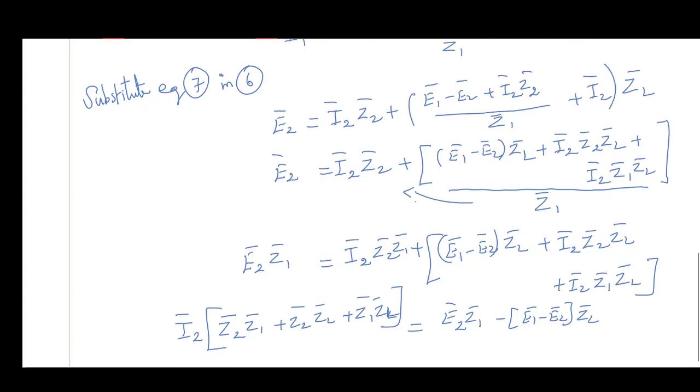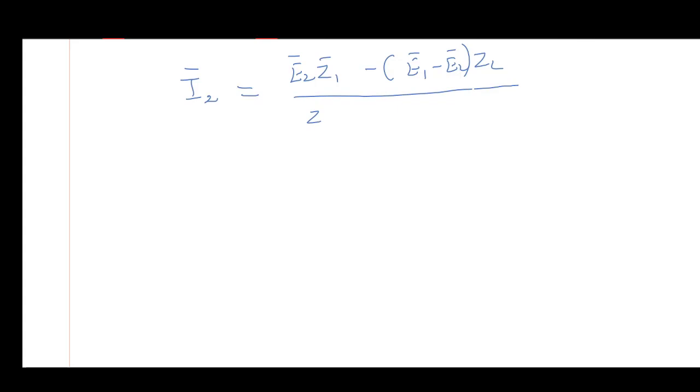So further we simplify this equation. Let's go to the next page. Further we simplify this equation, we will get I2 vector is equal to E2 vector Z1 vector minus of minus E1 vector minus E2 vector into ZL vector, whole divided by Z1 Z2 vectors plus Z1 ZL vector plus Z2 ZL vectors.